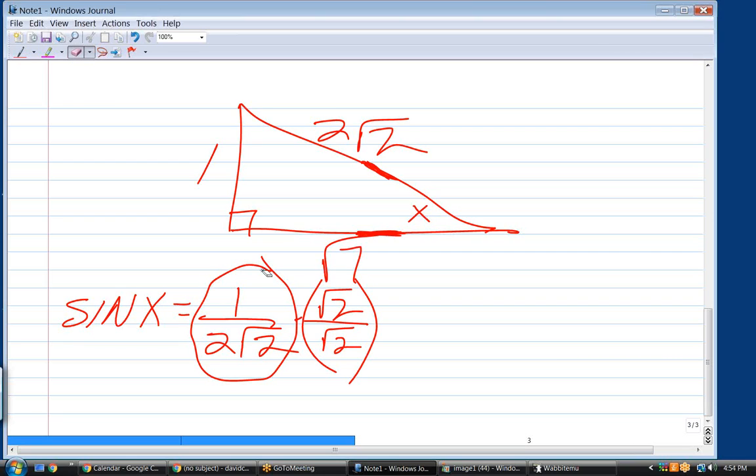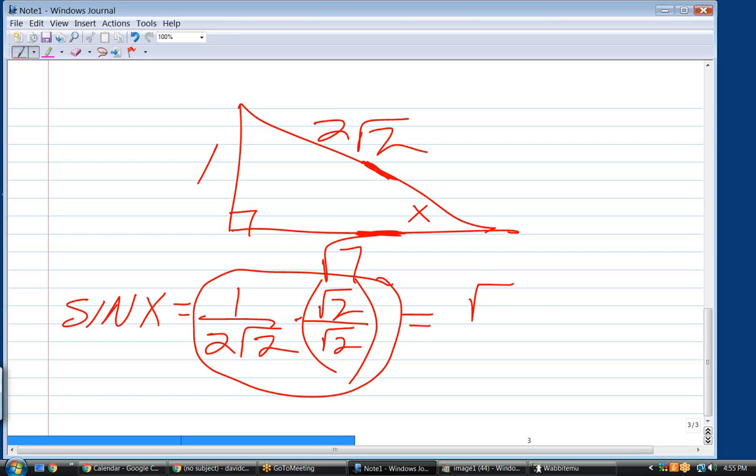You can multiply any fraction by the number 1 without changing its value, no matter what it is. You cannot multiply it by any other number. If I multiply it by any other number other than 1, I'm going to change its value. Well, when I do this multiplication, I get square root of 2 in the top, which is perfectly fine. And in the bottom, I get, what's 2 times square root of 2 times square root of 2?